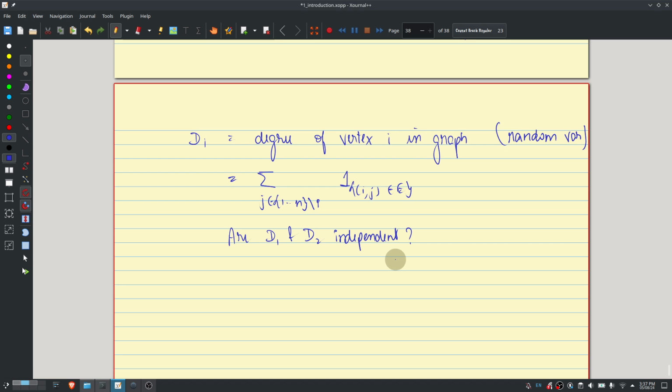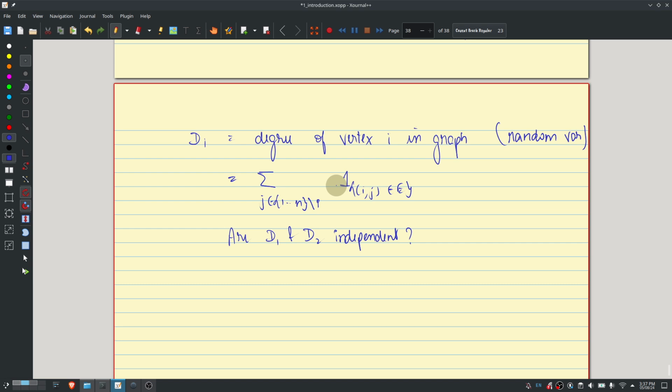Yes. But can you argue that just by looking at this expression? If I look at d1 and d2, each d_i can be expressed as a sum of independent random variables. Each of these is a random variable which basically says whether (i, j) is an edge or not. So it's a sum of Bernoulli random variables.